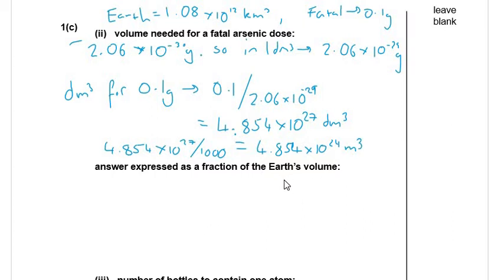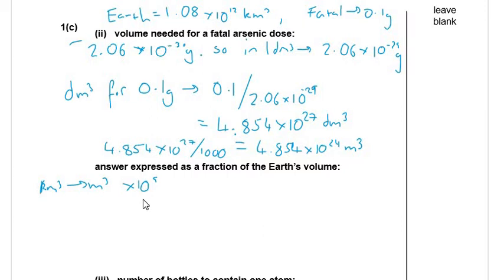Now they want us to express this as a fraction of the Earth's volume. Now they've given us the volume of the Earth there in kilometres cubed, but we are going to need to convert that to metres cubed. Now a kilometre cubed to a metre cubed is a scale factor there of 10 to the 9, or 1 billion.